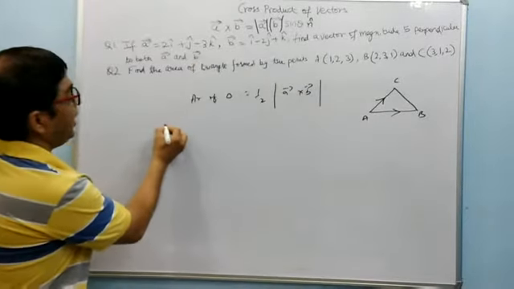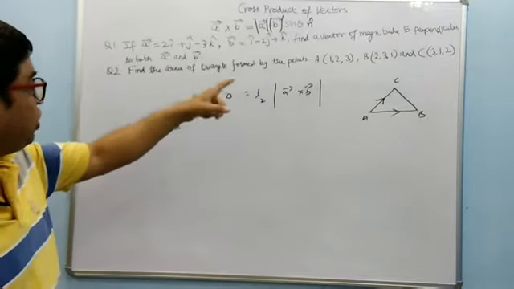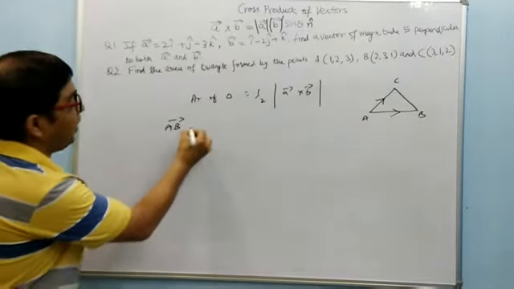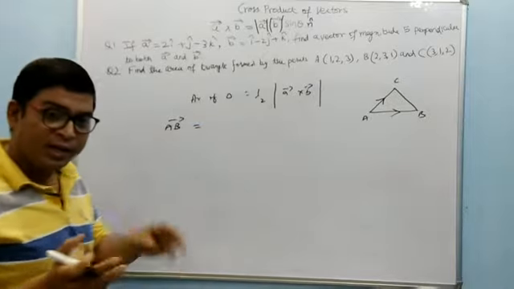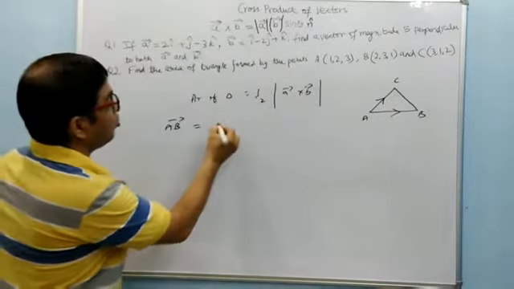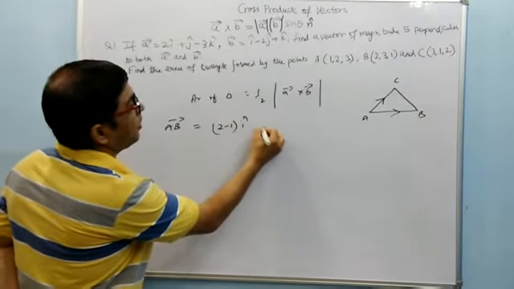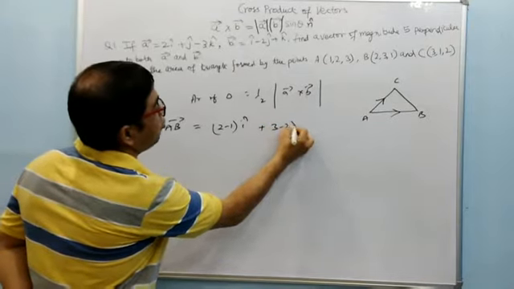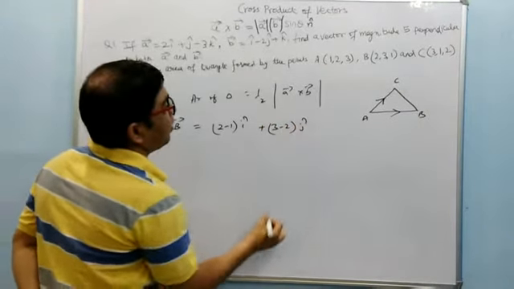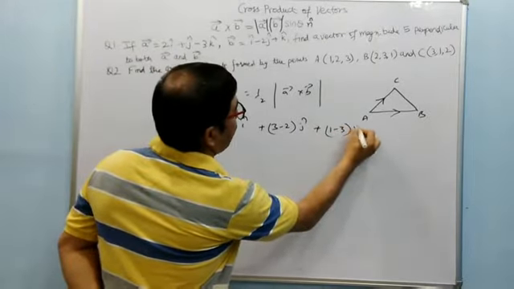So vector AB we can easily find out because the position vectors of A and B are given. We know that it is the position vector of B minus the position vector of A. So it will be 2 minus 1 i cap plus 3 minus 2 j cap plus 1 minus 3 k cap.